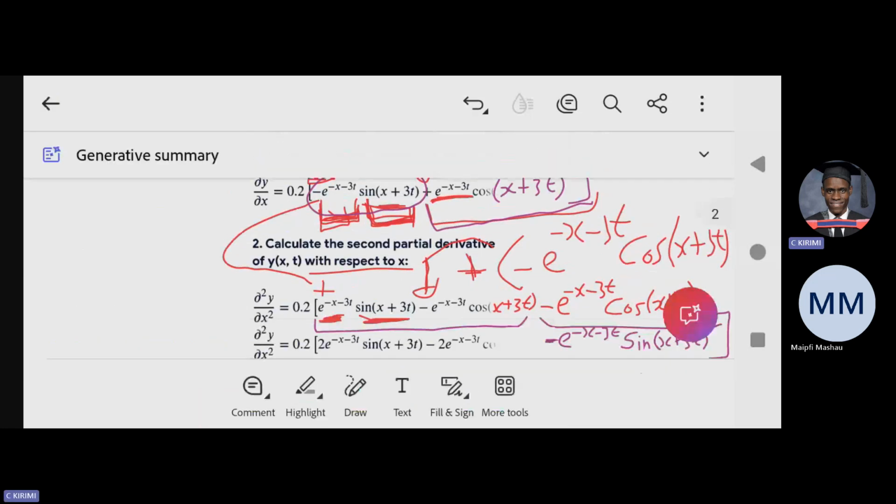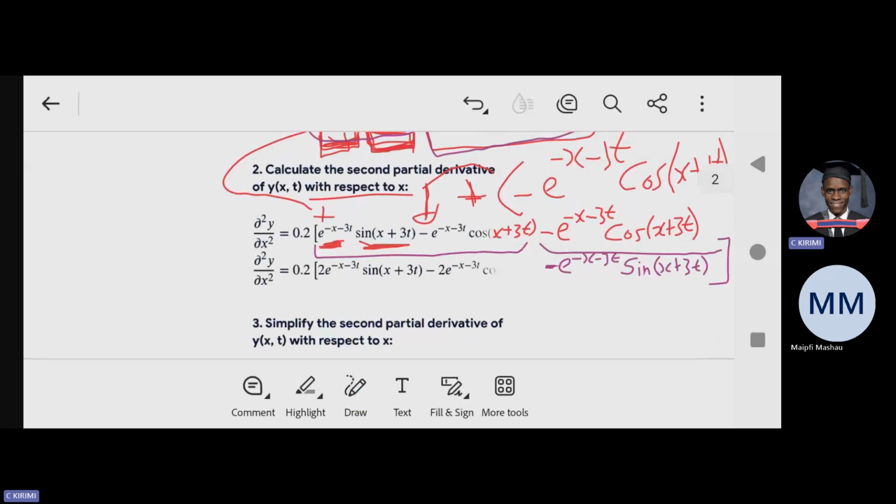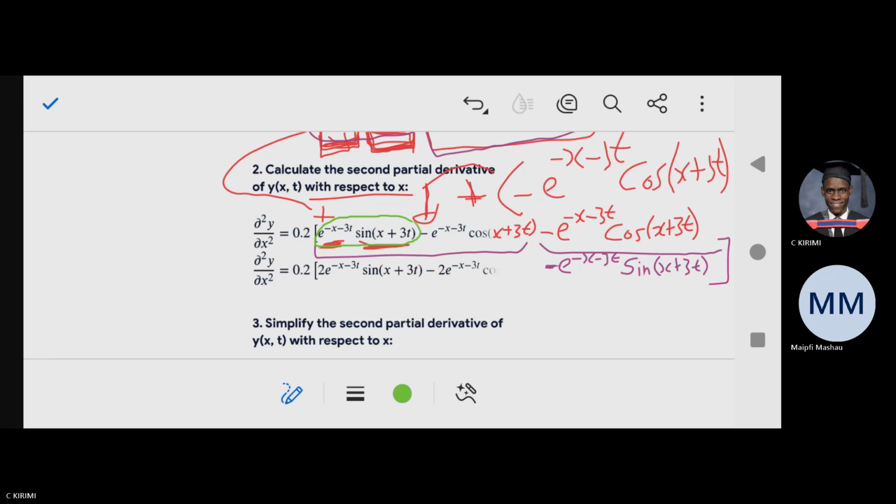The first one, I'll put it in green. It's a positive. It will cancel with the last one, the negative. They cancel out, which means they are gone.